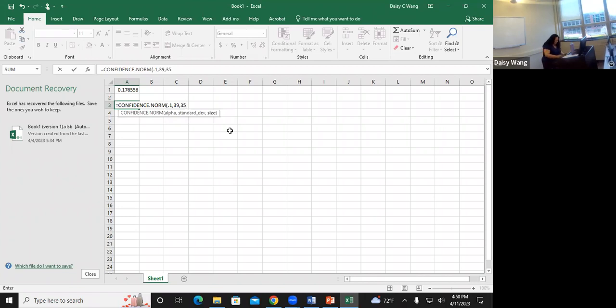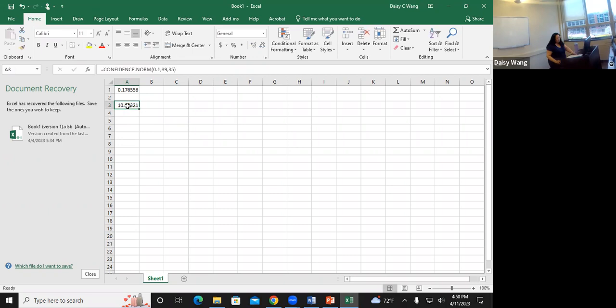How come this one doesn't have a mean? That's weird. So this is the standard error, so this is the margin of error. And then we can just use 247.8 plus minus, I think. Need to calculate it.